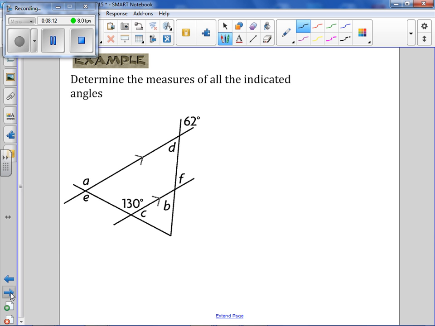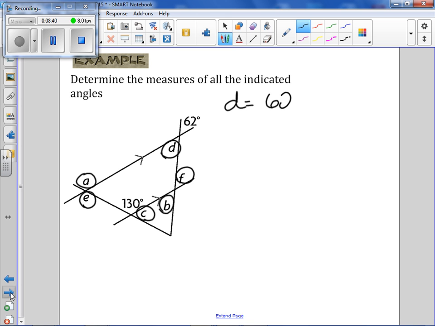All right, here's our last one. We got to find all of the missing angles. So we got to find A, B, C, D, E, and F. Now again, it doesn't matter where you start. I'm going to start with D. D is vertically opposite of 62. They're across from each other.